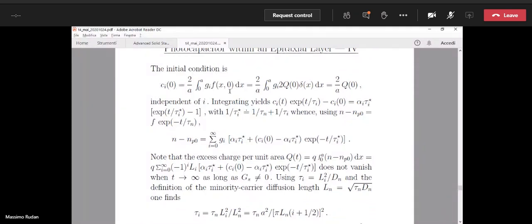Ci at 0 is just a constant, the initial charge per unit area at time equal to 0 times 2 over A. So the integration, there is some easy manipulation, and then we eventually find the excess concentration of the electrons, that is the original unknown of our problem, expressed as a Fourier series.